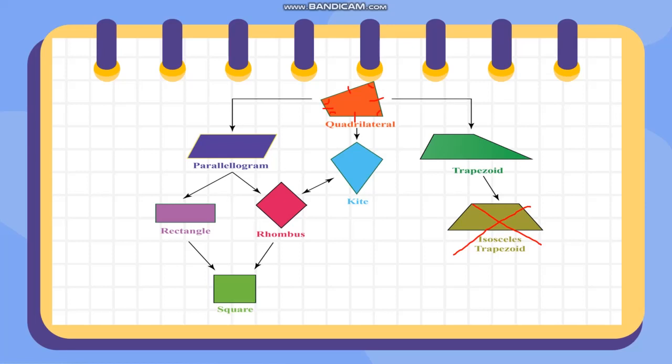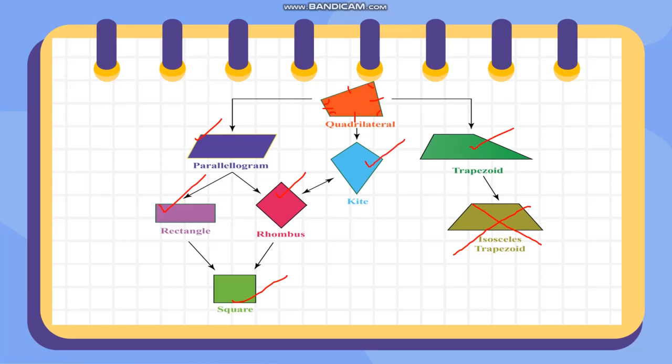As long as it has four sides and four angles, that is a quadrilateral. That's why parallelogram is a quadrilateral, rectangle is a quadrilateral, rhombus is a quadrilateral, square is a quadrilateral, trapezoid is a quadrilateral, and kite is also a quadrilateral.